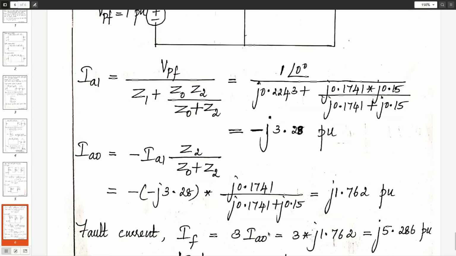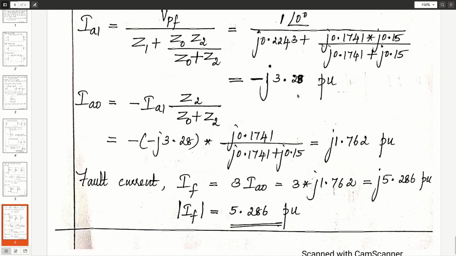You will get IA1 as minus J3.28 per unit. And IA0 is equal to minus IA1 into Z2 by Z0 plus Z2. You will get IA0 as J1.762 per unit. The fault current IF is 3 IA0, which is J5.286 per unit. The magnitude of fault current in per unit is 5.286 per unit.